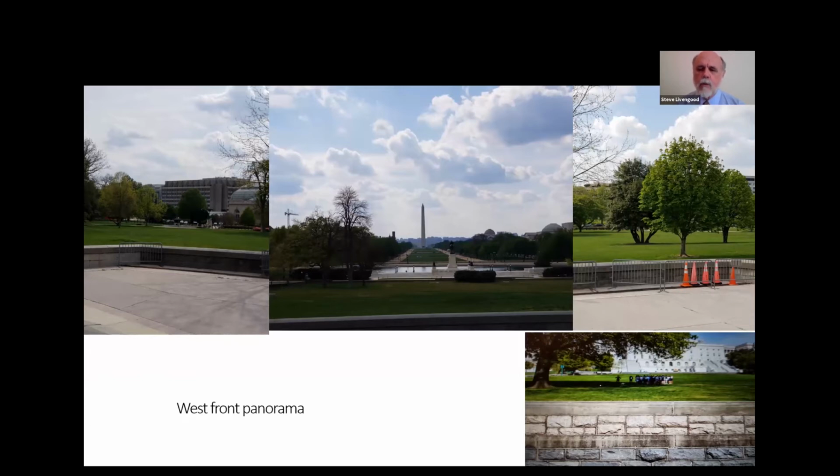You can see the wall where it starts, which is down by the circles. And it happens that the group in the middle is an Olmsted tour of one of our volunteers walking a group around. But that gives you a sense of the sweeping view that you have from both sides of that central element there. So here you have a panorama of the three elements on the west front.